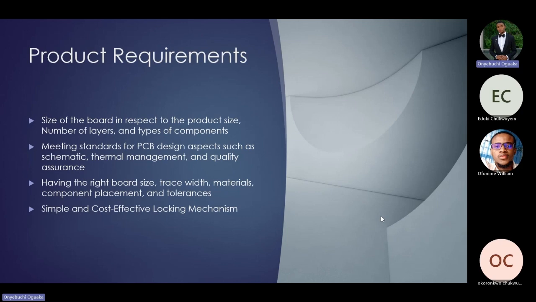Now, using quality assurance, for example, on the part of the manufacturers, quality assurance refers to the systematic processes and practices to ensure that the manufactured PCBs meet specified quality standards.